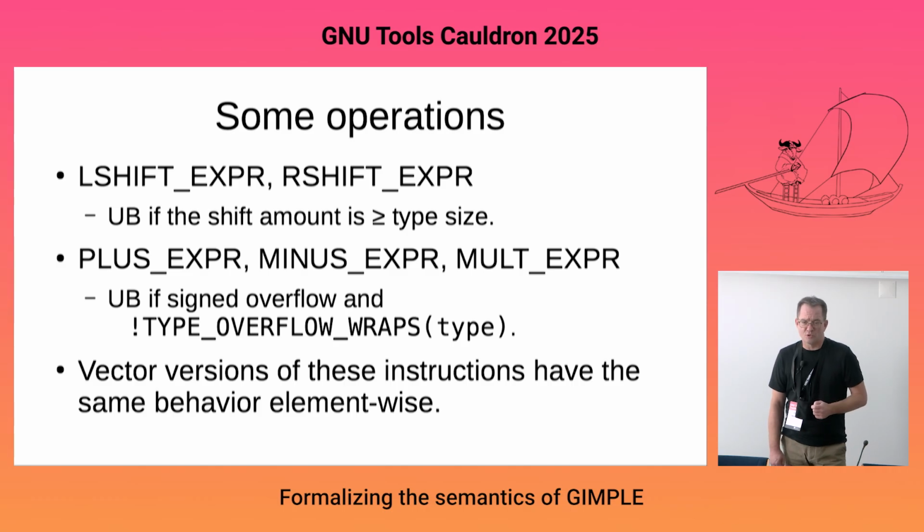That's one thing that is sort of annoying with GIMPLE, that it changes a bit depending on what flags you pass to the compiler. Nothing to do about this, just deal with it. But that's also something I need to specify in my formalization and try to figure out which flags affect everything.